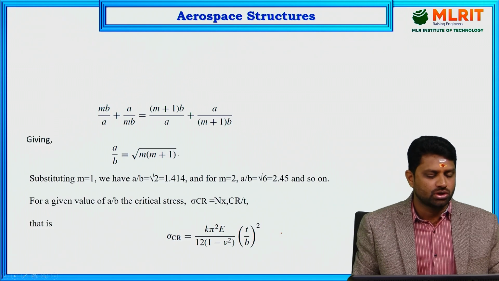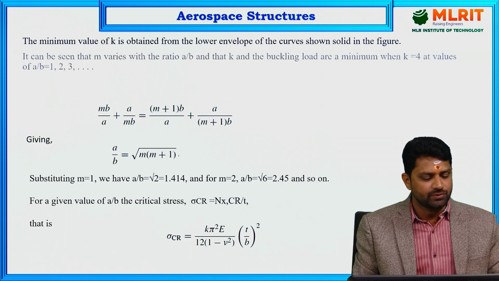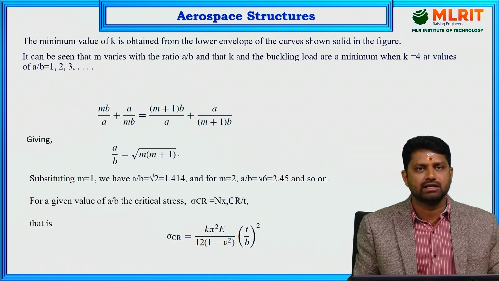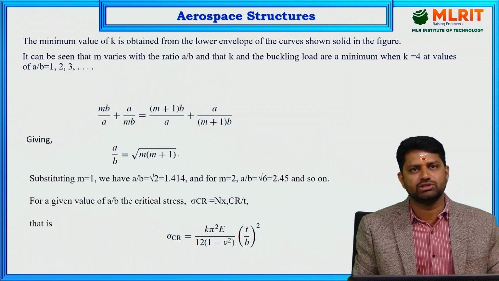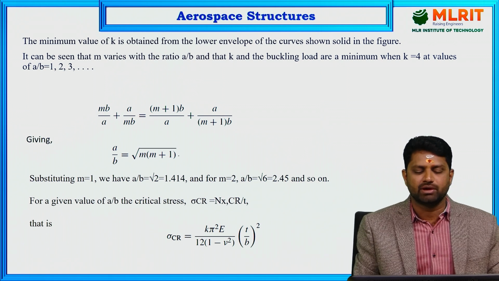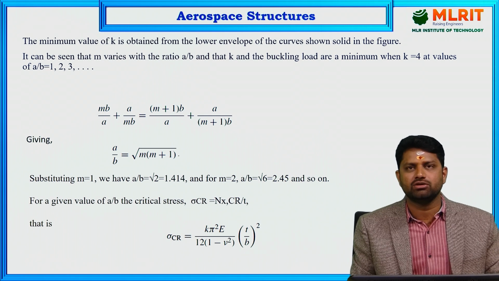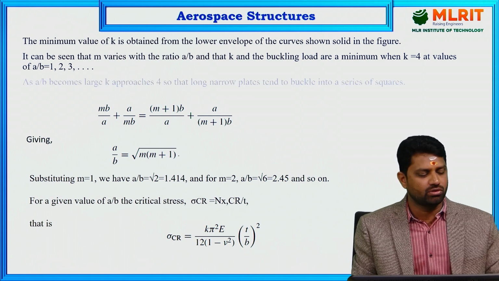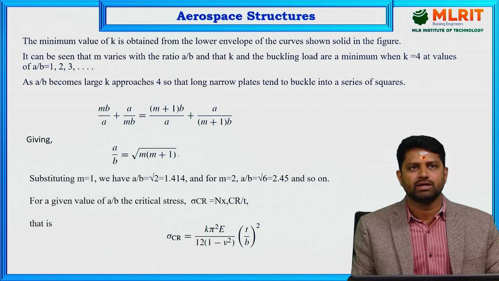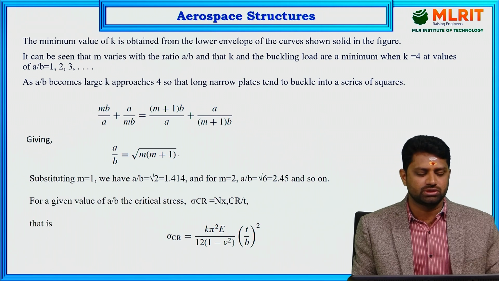It can be seen that m varies with the ratio of a by b, and that the buckling load can be predicted for the minimum value of k, that is k equals 4, at values of a by b equal to 1, 2, 3, etc.